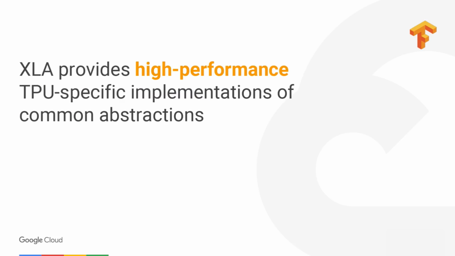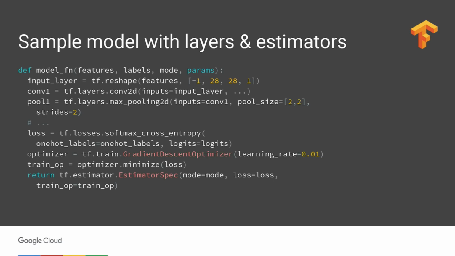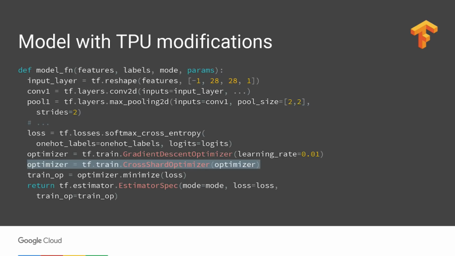On the other end, there was a box highlighted called XLA for accelerated linear algebra. That's our compiler that provides these high-performance TPU implementations of common abstractions and common ops and components of deep learning models. So I won't go through the details of the code here. I just wanted to illustrate that moving back and forth from GPU to TPU for a simple model like this is just a matter of adding and editing a few lines of code.